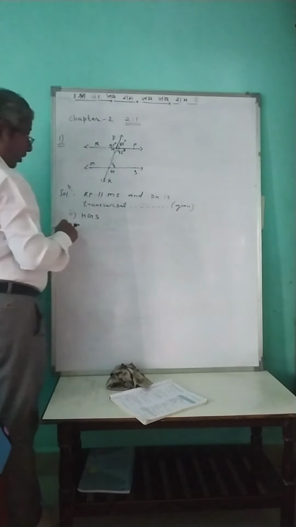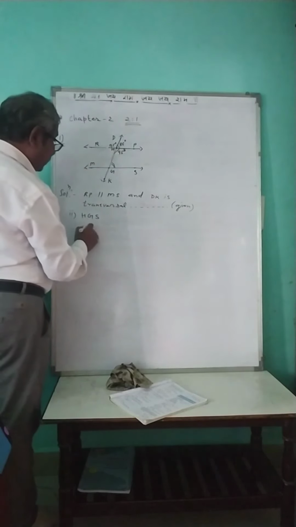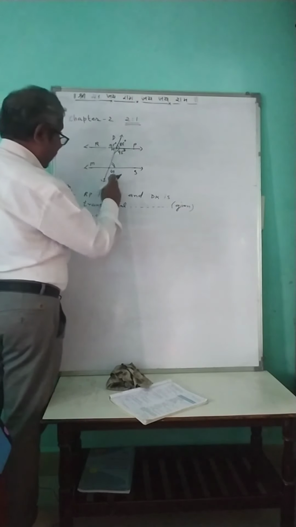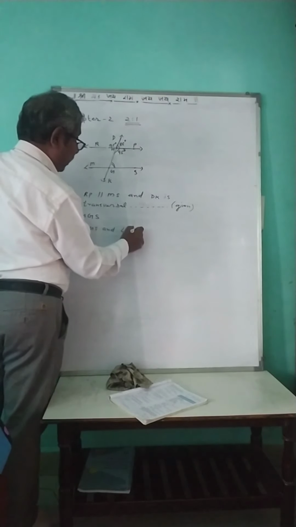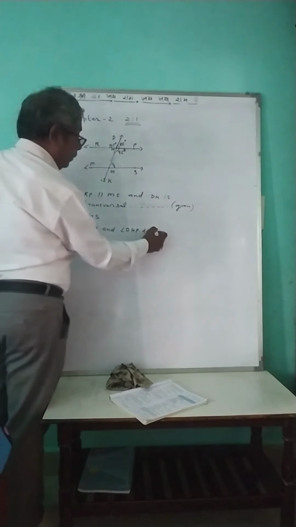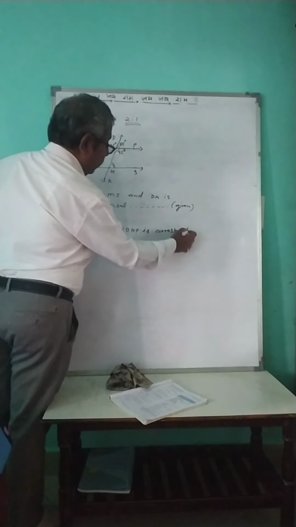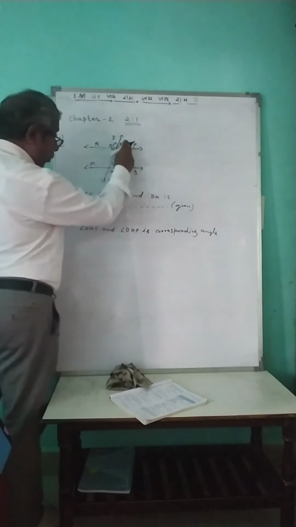Okay, and one more thing we know: angle HGS and angle DHP are corresponding angles. Okay, this is the corresponding angle.